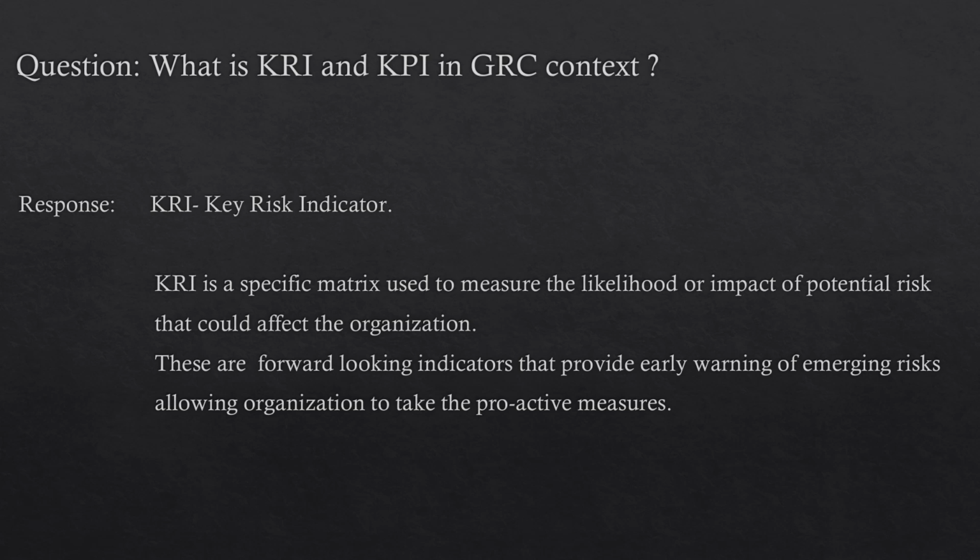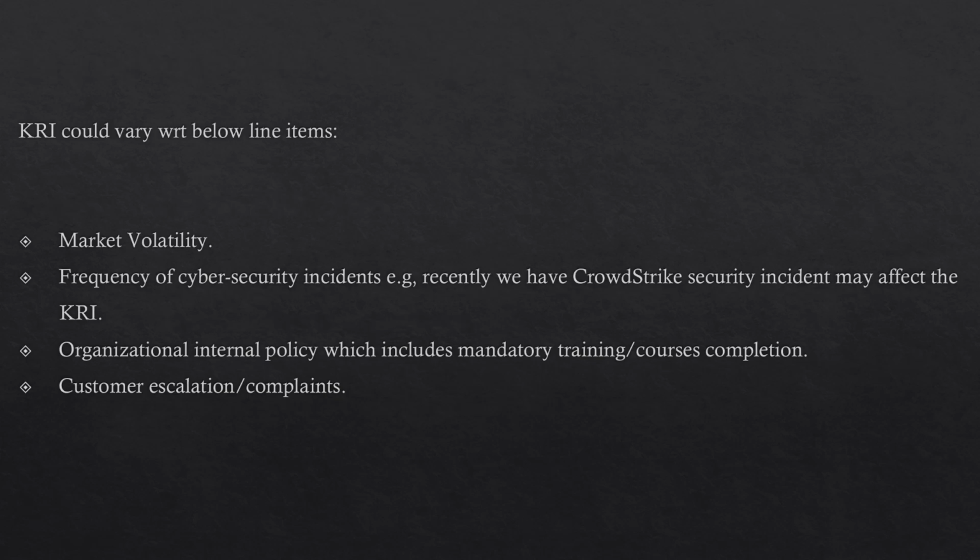So KRI is a specific metric used to measure the likelihood or impact of potential risk that could affect the organization. These are forward-looking indicators that provide early warning of emerging risk, allowing the organization to take proactive measures. So KRI gives a hint proactively so that we have a chance of mitigation of the emerging risk.